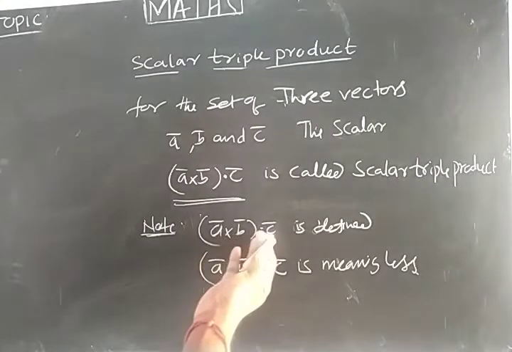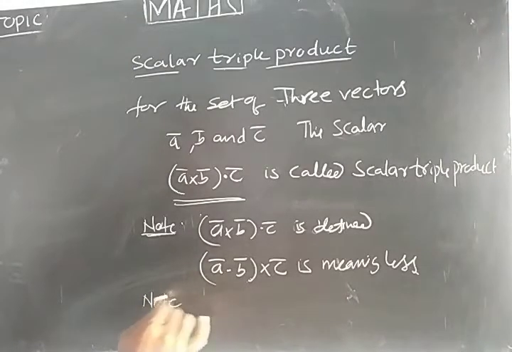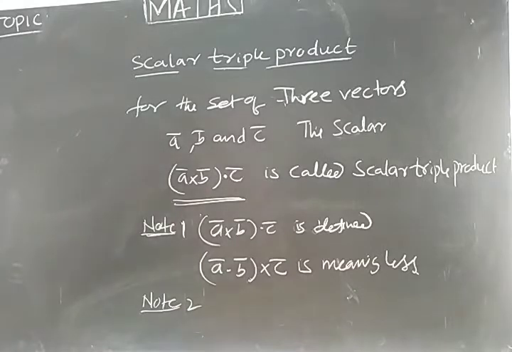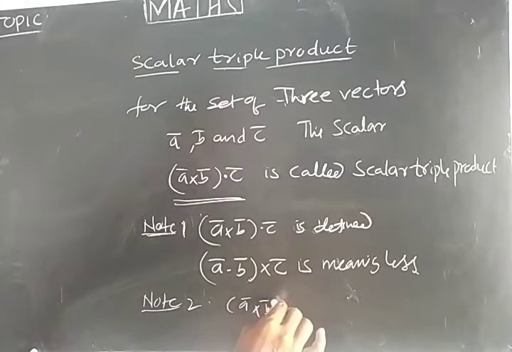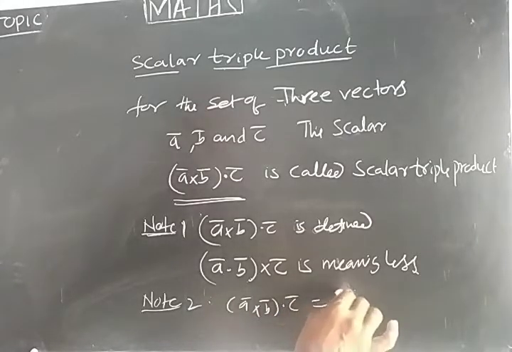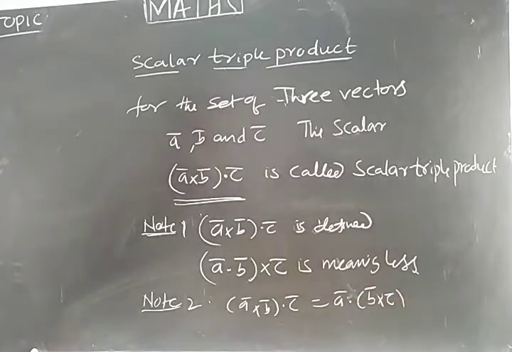So this is a scalar triple product but this is not. Note 2: A bar cross B bar dot C bar, you can write this as A bar dot B bar cross C bar also. Why? Because we can interchange the dot product and cross product.